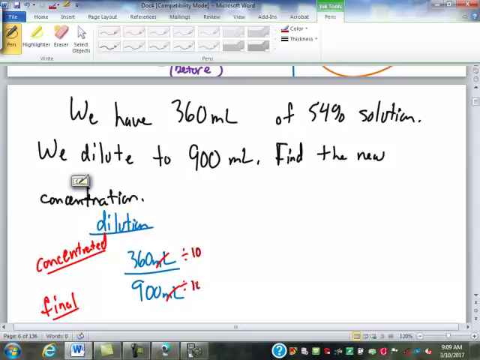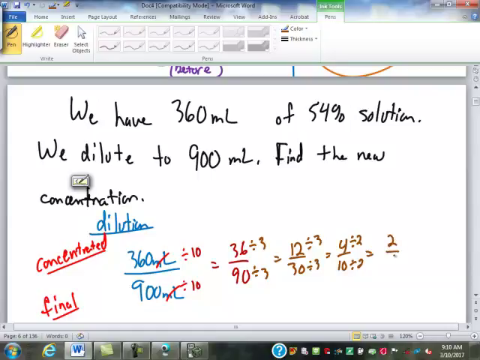I'll start out with 10. Both of them end in 0, so I can divide by 10. That's going to give me 36 over 90. Am I done? No, what can they both still be reduced by? 3. Give me 12 over 30. Maybe divided by 3 again. Give me 4 over 10. And yes, 2 again gives me a 2 and 5. This is a 2 in 5 dilution.